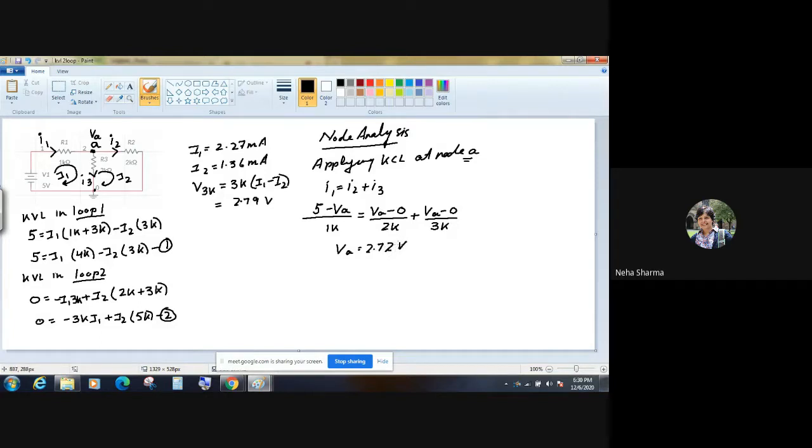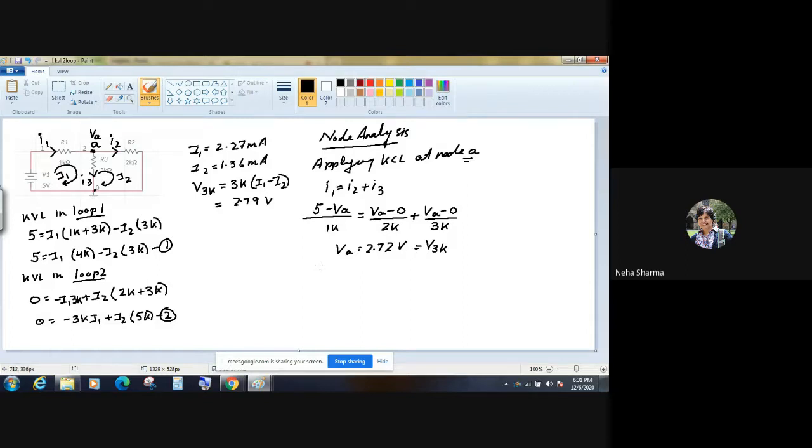Now, VA is the voltage measured between node A and ground. So as a result, this is the same as the voltage drop across the 3 kilo ohm resistance.